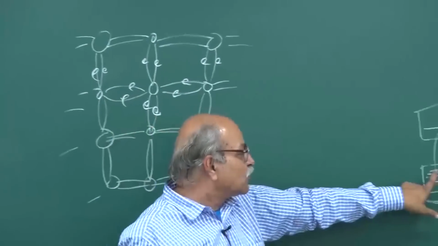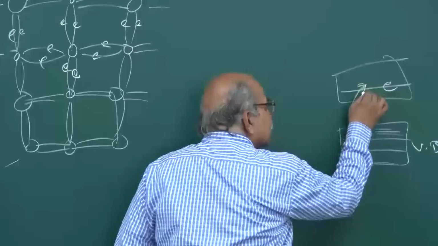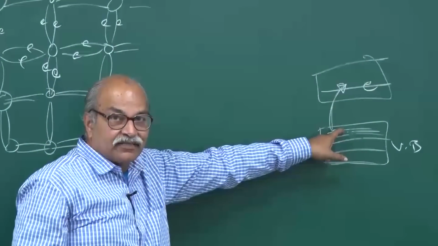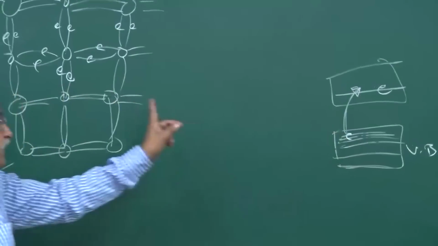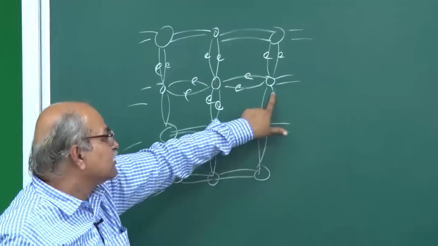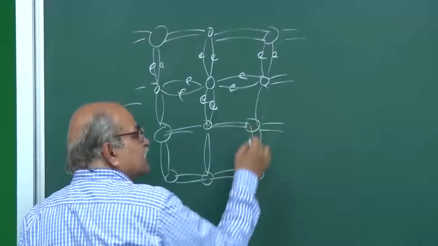The bond is broken. When I say a valence electron has gone to the conduction band, and you have an empty quantum state here, one of those bonds is broken. So this electron is no more participating in this bond.